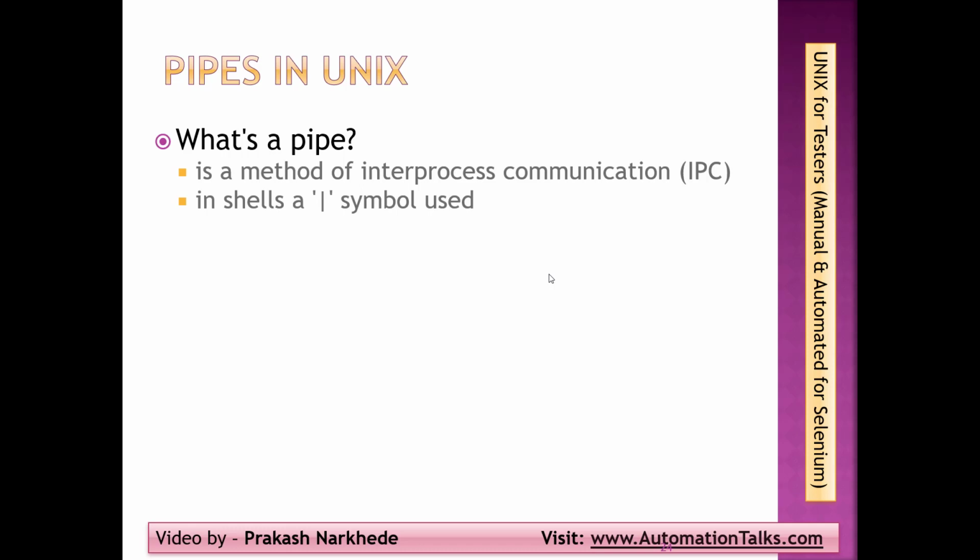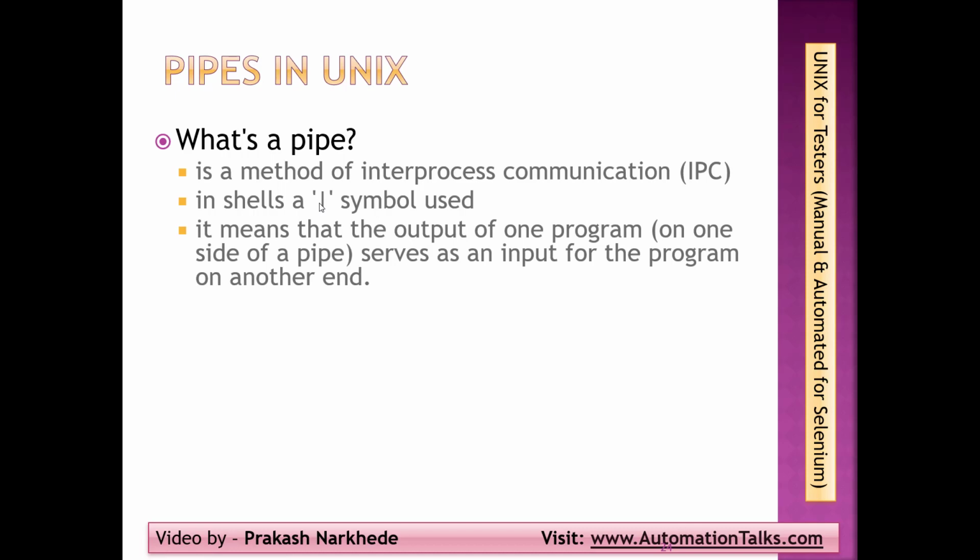In shell, a pipe symbol is used. You can see a vertical bar, that is called a pipe symbol, and that is what we are going to use. What it means is that the output of one program, or one side of the pipe, is the input for the program on the other end. I'm going to show you with an example.